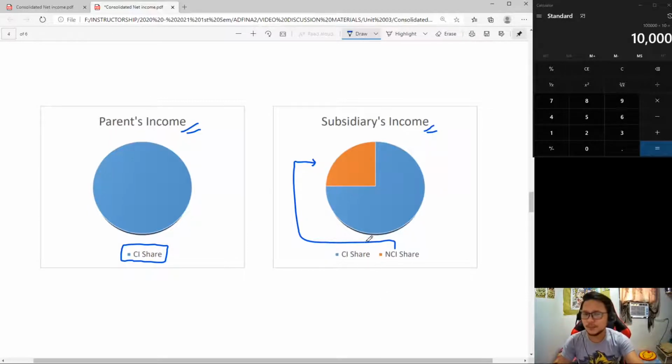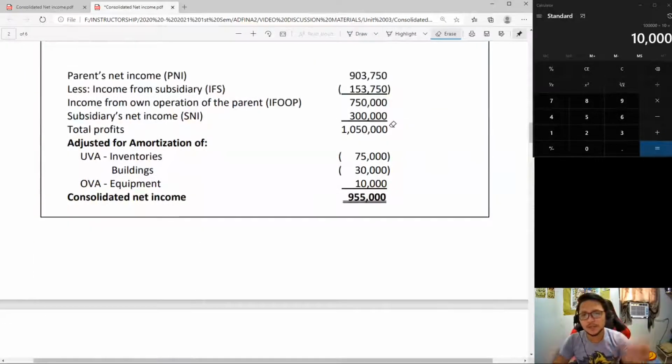Okay, so let's compute NCII and profit attributable to parent. So based off of this computation in consolidated net income, maaari nating ma-divide ang profit as follows. So let's consider this one as the consolidated net income column, or it is the 100% column. Kailangan i-divide ko ang items dito as either controlling interest 75% and non-controlling interest of 25%.